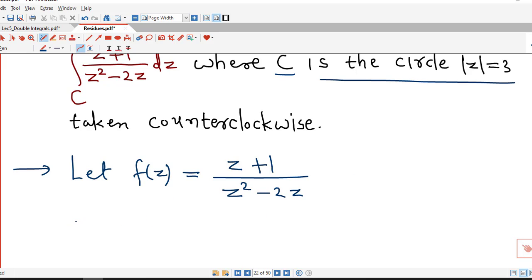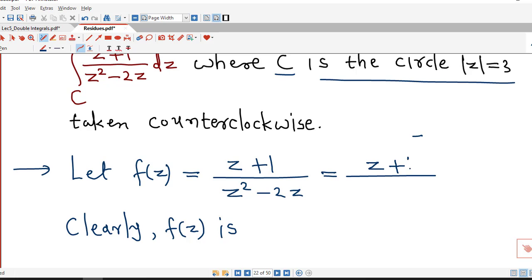This is a rational function, so it is not analytic at those points at which the denominator is 0. Here z square minus 2z we can rewrite as z times z minus 2. So the denominator becomes 0 at z equal to 0 and z equal to 2.